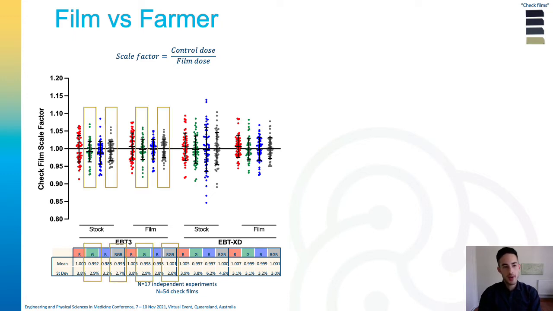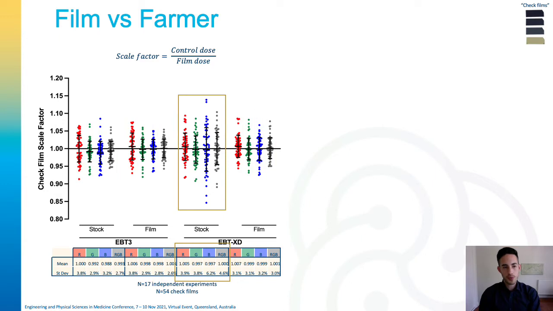For EBT3, there was no notable difference between the stock-to-stock method and the film-to-film method. And you can see for the green channel on the RGB average, the standard deviations are around 2.5 to 3%. And this was very similar to EBT-XD when processed using a film-to-film method. What's clear from this slide, though, is that the stock-to-stock method resulted in much noisier dosimetry for XD, especially for the blue channel, where that standard deviation was about 6%.